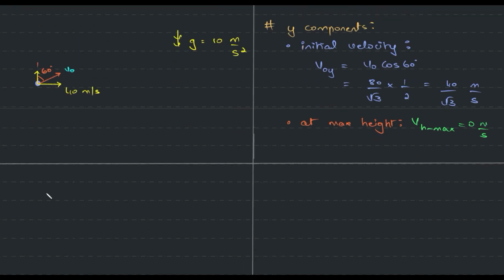So using this fact, we'll be able to figure out whatever we want. We need to figure out s, as in this value. We can do that using v squared is equal to u squared plus 2as. Again, guys, I don't remember the formulas, and I think I bored you guys with this, so let me not even tell. So this will be 0 equals 40 squared by 3 minus 2 into 10 into h max.